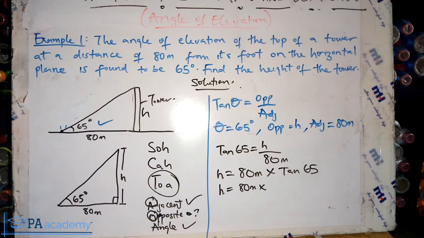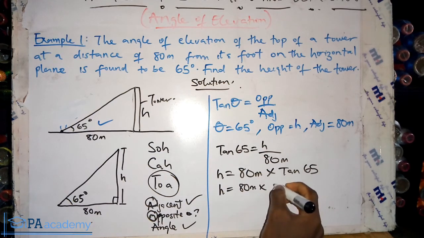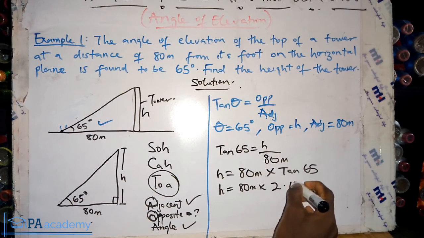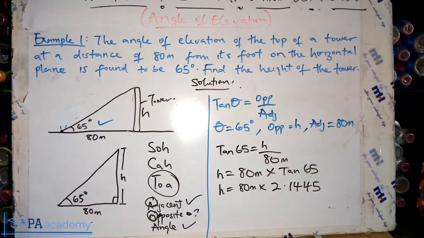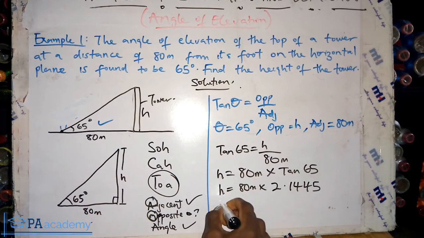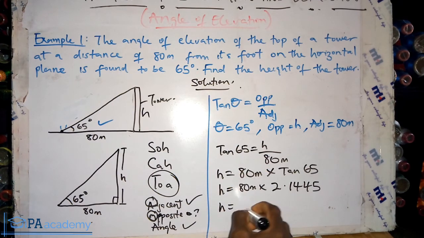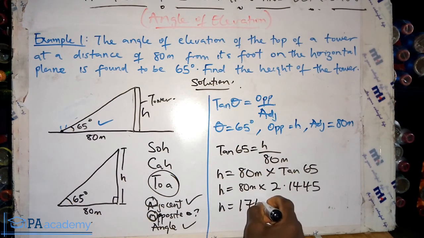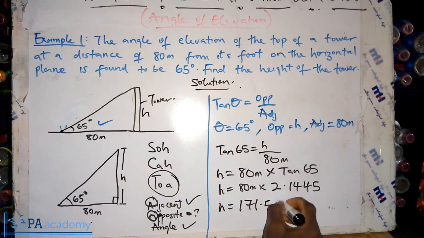So let's look for the value of tan 65. If you press the calculator, tan 65 will give us 2.1445. So this is the value of tan 65. If you multiply 80 meters by 2.1445, our h will give us 171.56 meters.